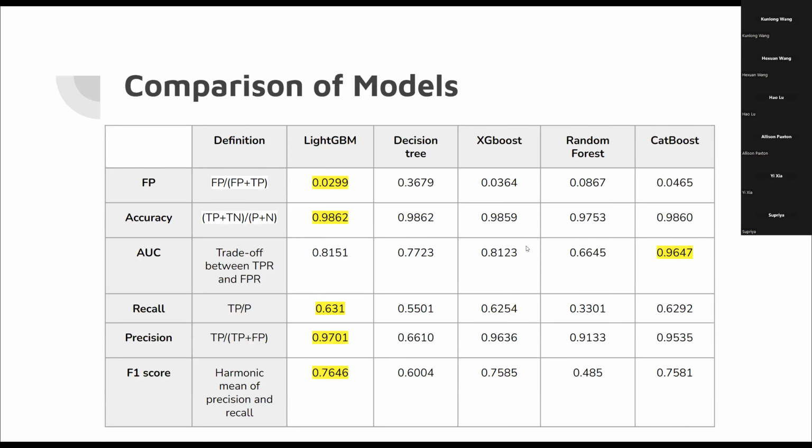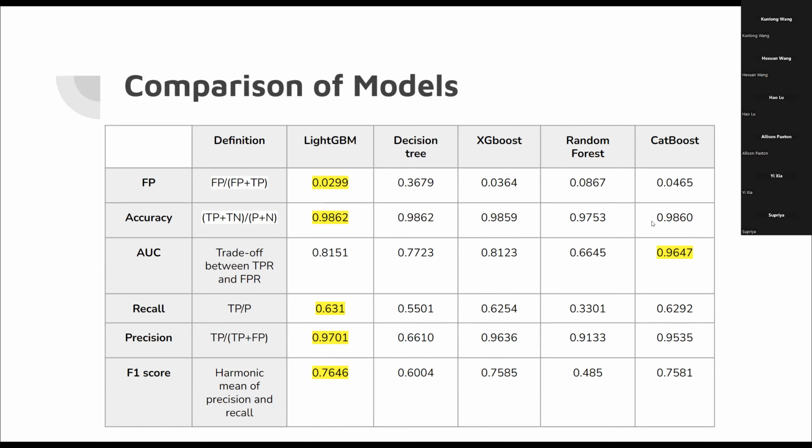The second part is a comparison of models. As Alison talked about, we have 5 different models like GBM, decision tree, and so on. We have many standards like false positive, accuracy rate, AUC, and recall, which is sensitivity, precision, and F1 score. We can see that for false positive, the light GBM has the lowest value, and for accuracy, it has the highest value, which is what we need.